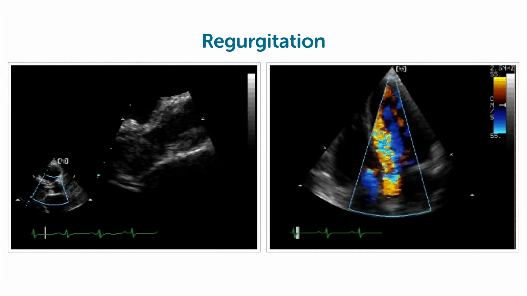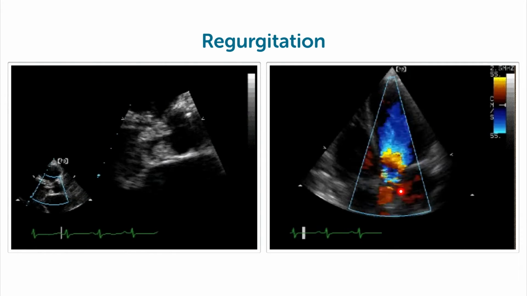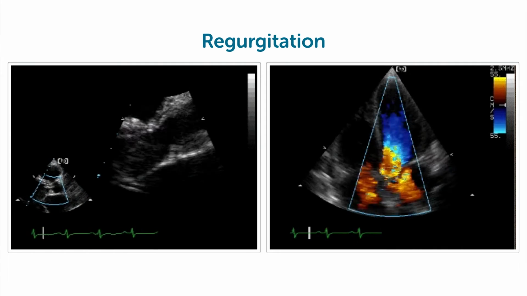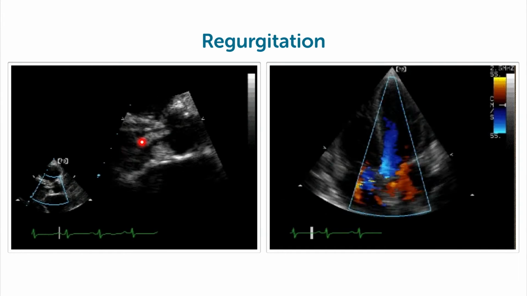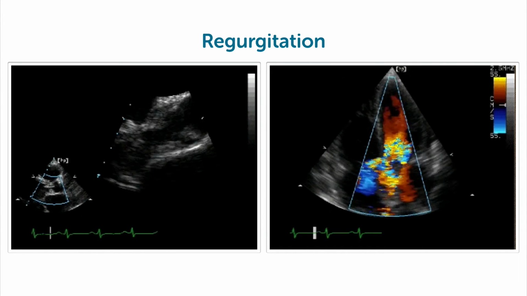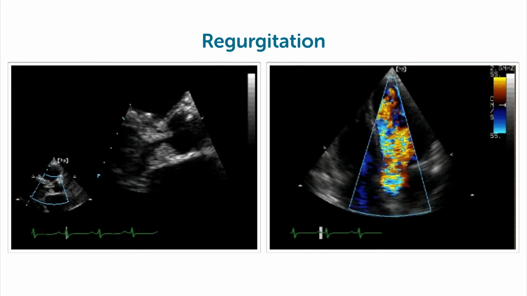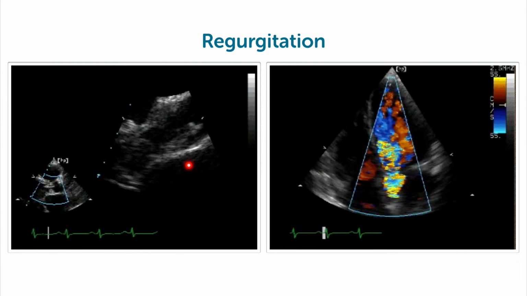Or you could find massive regurgitation. In this case, it's involving the aortic valve, and the valve, as you can see, is completely disrupted, the cusps are ruptured, and this is exactly where the regurgitant jet comes from. So you see there are vegetations and the valve is not recognizable anymore.